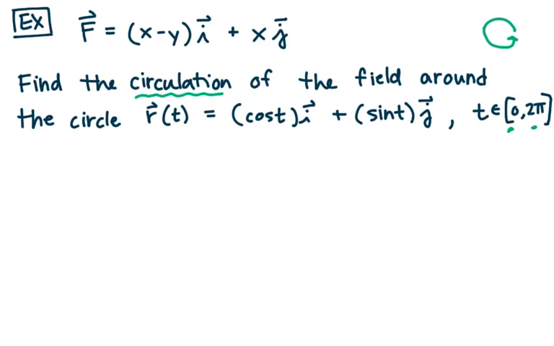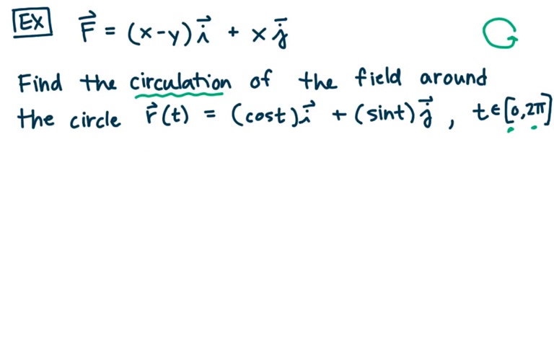So this problem is going to work out the same way all of the line integral problems that we have worked on in this section also worked out. We're going to need to do a couple of things. We're going to plug our parametric components into my force field. We are going to take the derivative of r.